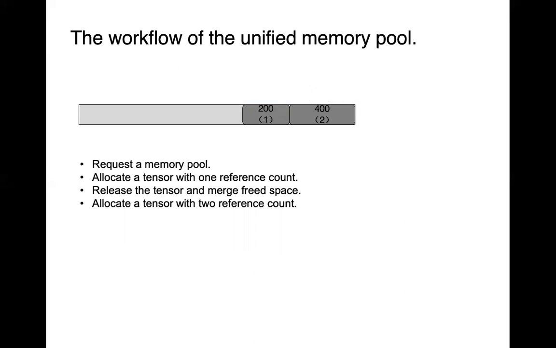With the propagation going on, the reference counts for each tensor in the high end will decrease in the opposite order of allocation. As a result, the release is in the opposite order of allocation.